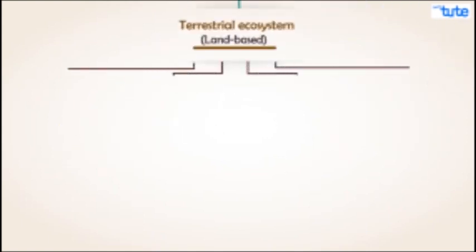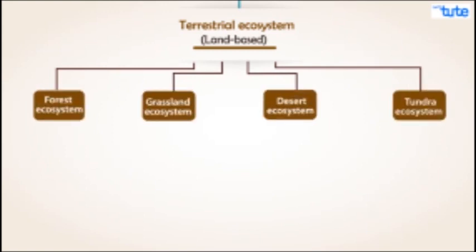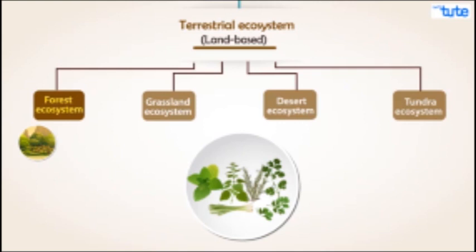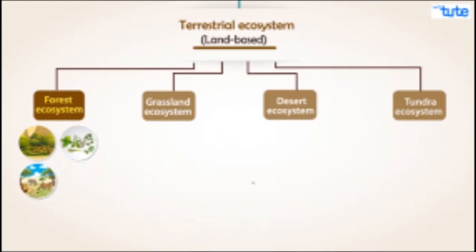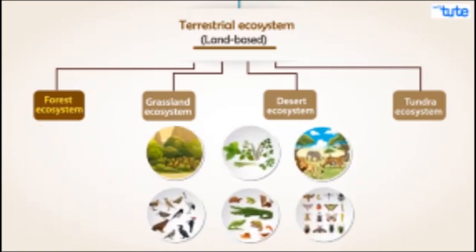There are different types of terrestrial ecosystem spread across different geological regions. They are forest, grasslands, deserts, and tundra ecosystems. A forest consists of many trees, different plants, herbs, and is a host of large varieties of animals, birds, reptiles, insects. Again, here the living and the non-living factors coexist.